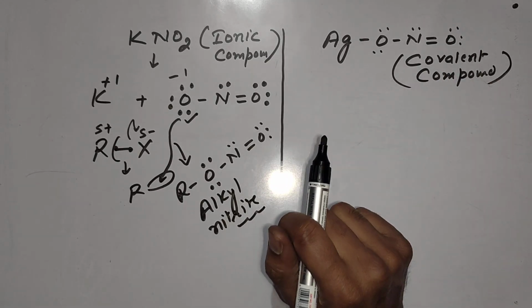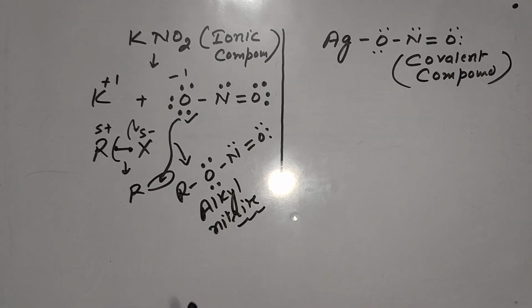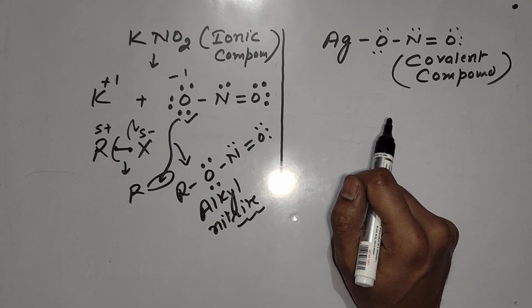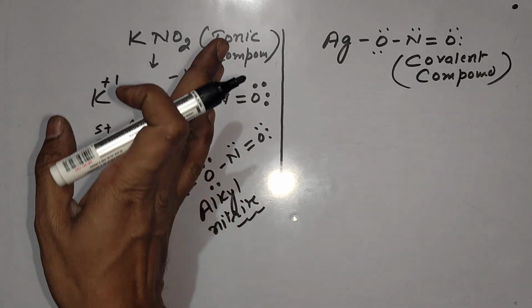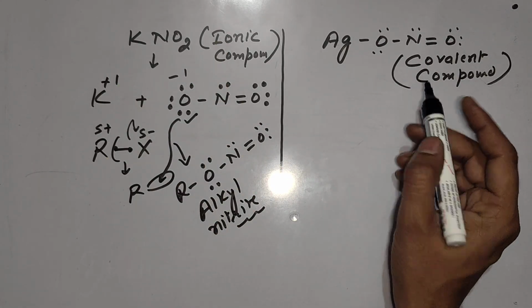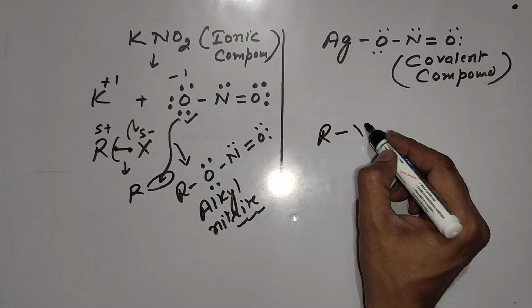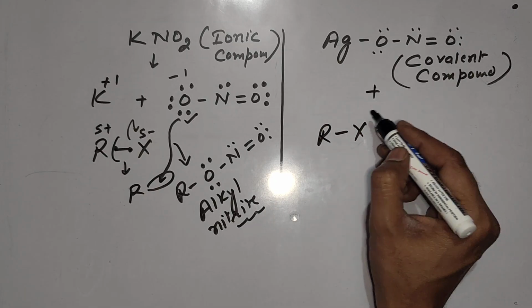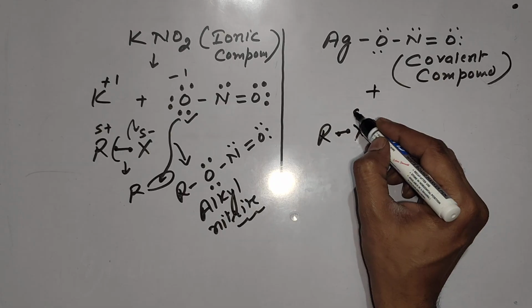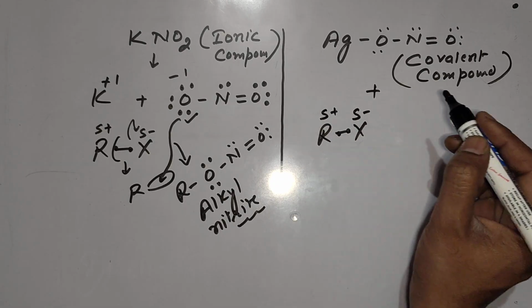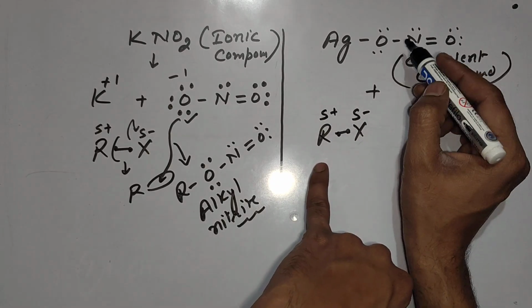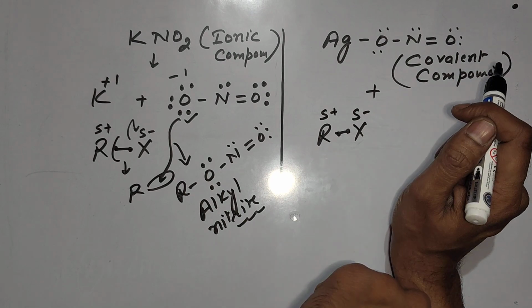Whereas in this reagent, silver nitrite, it is a covalent compound. So it will not break like KNO2. When RX reacts with AgNO2, it is carrying a negative charge, it is carrying a positive charge. Now this positive charge will attract a lone pair of electrons.